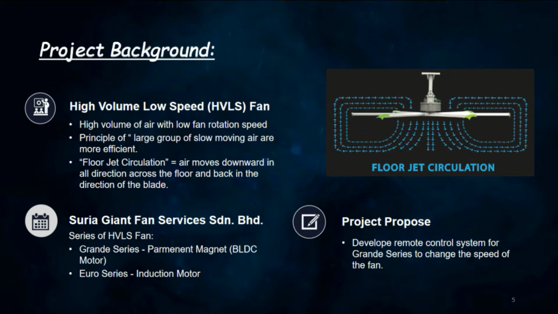Suria Giant Fan Services Sendirian Berhad have two series of HVLS fan, which is Grande series using BLDC motor and Euro series using induction motor. This project purpose is to develop remote control system to change the speed of the fan for Grande series.